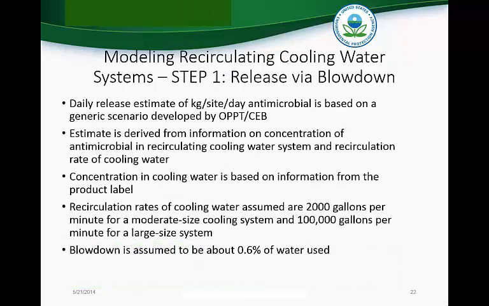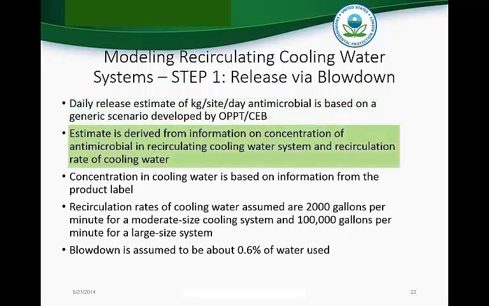In this slide I'm going to elaborate a bit on step number 1, which is determining the release to surface water by way of blowdown. The daily estimate of release in kilograms per site per day of an antimicrobial is based on a generic scenario developed by OPPT CEB. That's our sister office here in OCSPP.